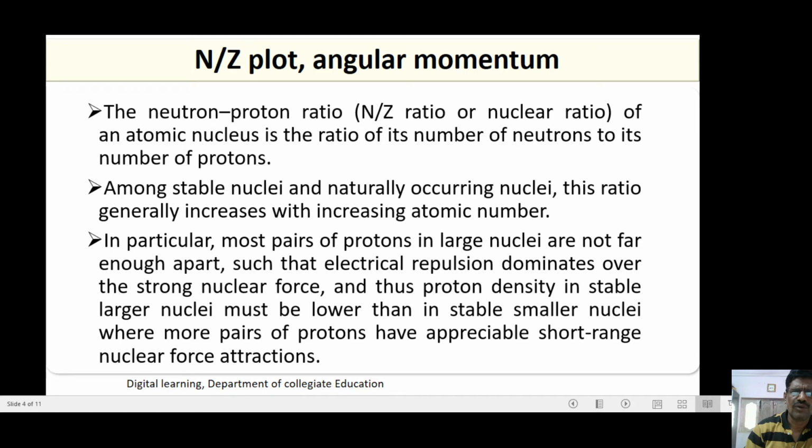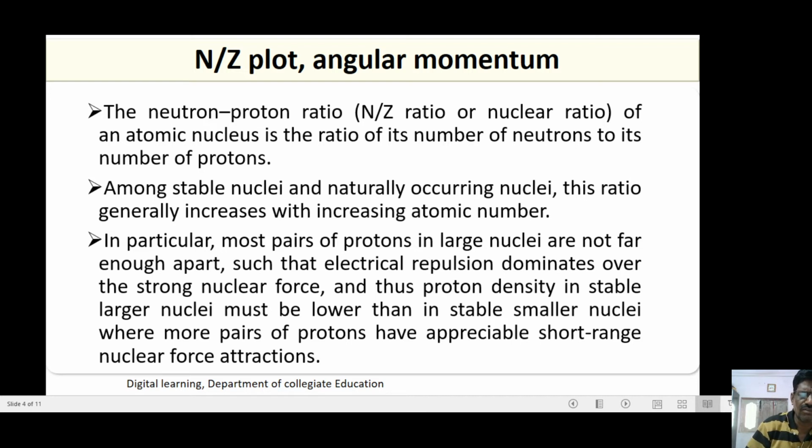The neutron-proton ratio, or N by Z ratio, of an atomic nucleus is the ratio of its number of neutrons to its number of protons. Among stable and naturally occurring nuclei, this ratio generally increases with increasing atomic number.